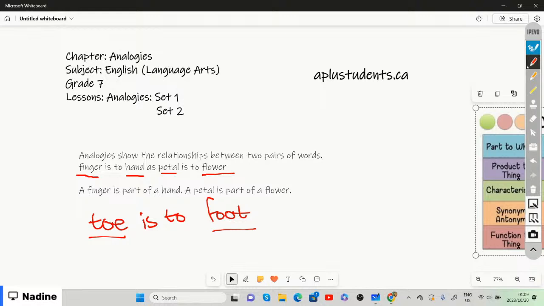Which is like finger and hand, because finger is part of the hand, petal and flower, because petals are part of the flower, toe and foot, because toe is part of the foot. Branches to trees, because the branch is part of the tree, right? So those are analogies. It's a relationship which shows the relationship between two pairs of words.